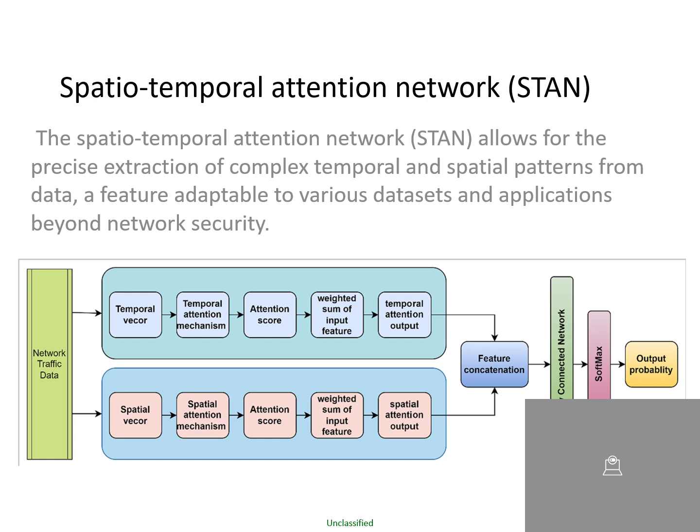From the visualization, network traffic data that comes into the model is divided into 2 types, the temporal vector and the spatial vector, and this data goes through a series of interventions, whereby it is critically analyzed to extract all complex patterns from it.